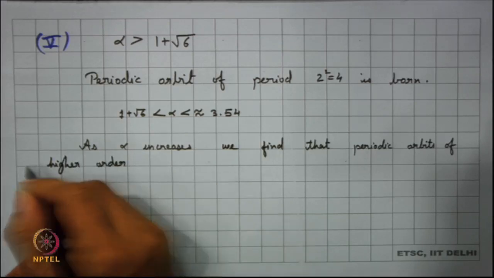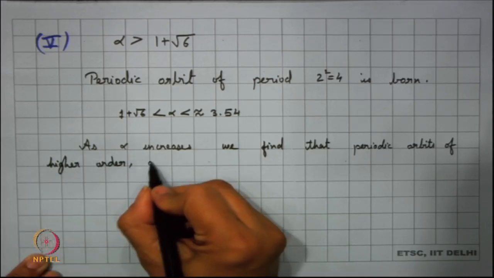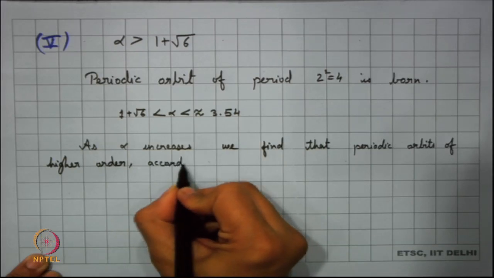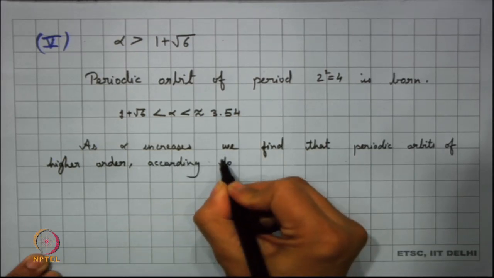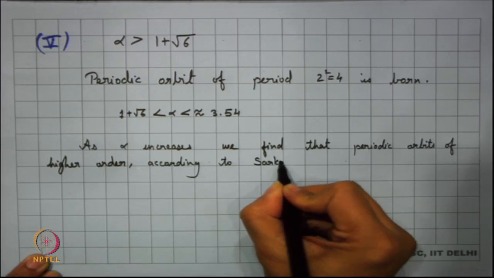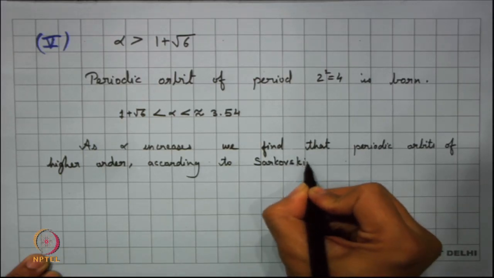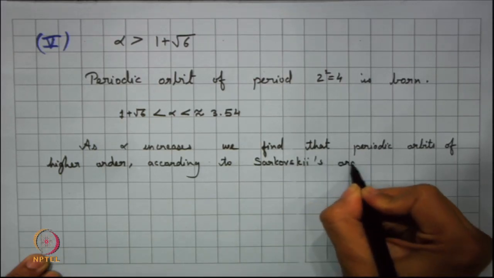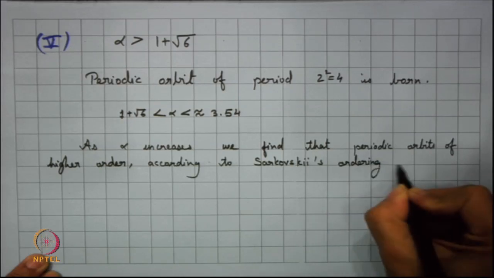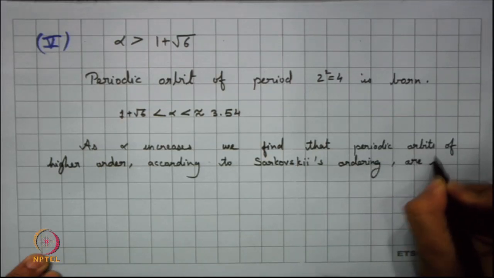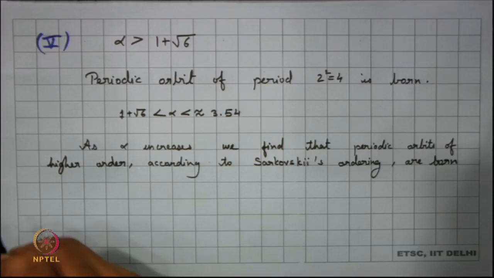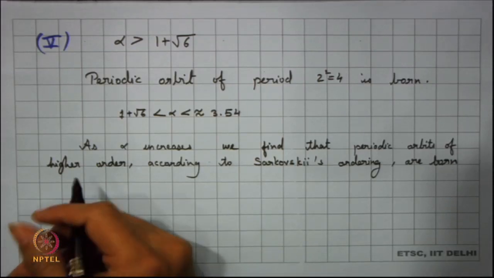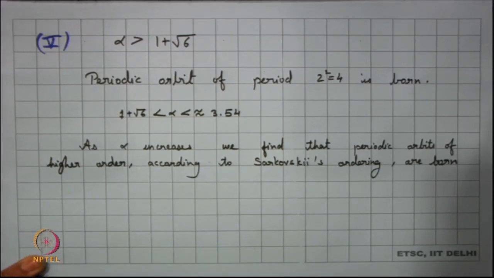Now, when I talk of higher order, this is according to Sarkovskii's order. These are born, and then they eventually become stable, right.